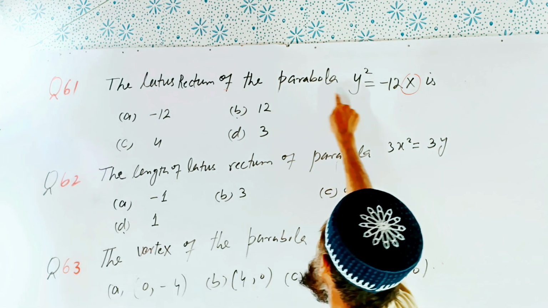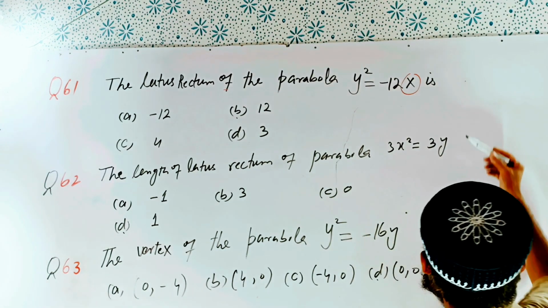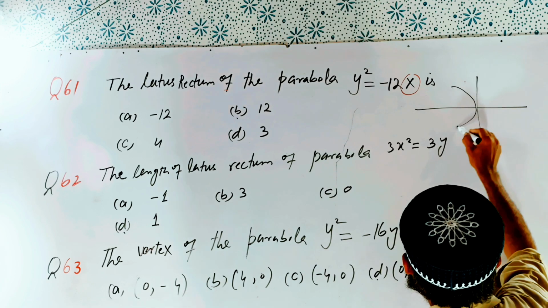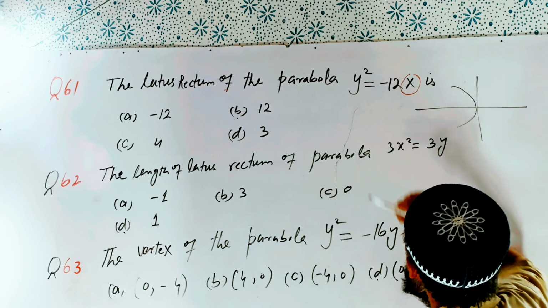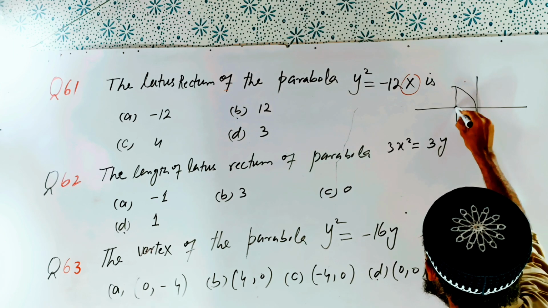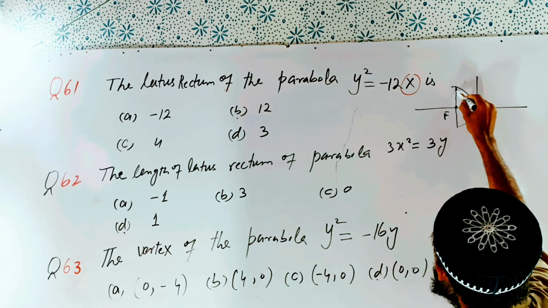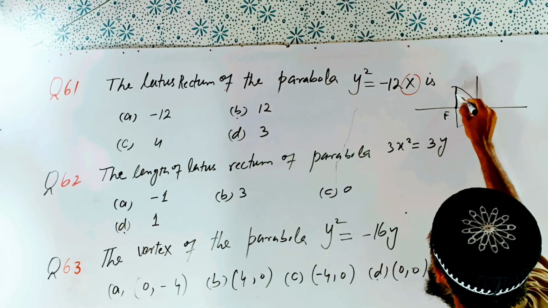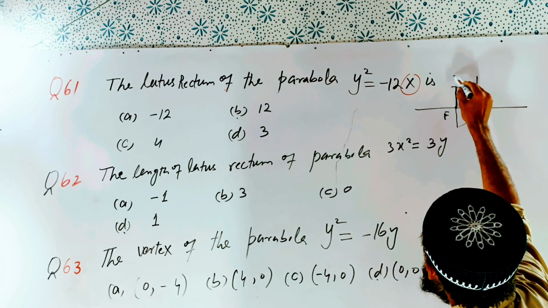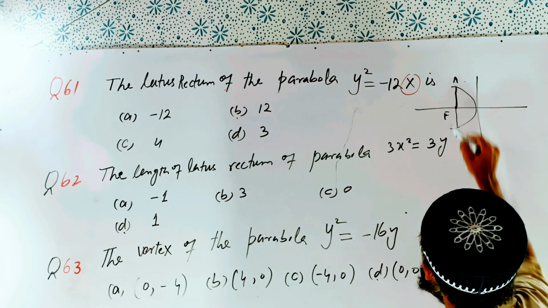The length of the latus rectum is required. The latus rectum of the parabola y square is equal to minus 12x. If we make the parabola, it opens to the left side, because the minus shows that the parabola is on the left side, and this point is called the focus, and this line is called the latus rectum. Here A and B are the end points on the parabola.